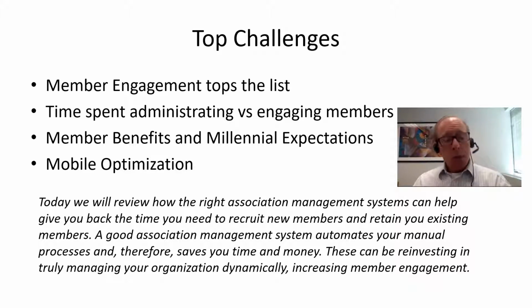The second big challenge that people face is on the administrative side. So how much time, and you need to ask yourself this, are you spending administrating your members? Many association management systems provide you the tools that you need to communicate with your members, to bring together social media with your website, to allow your members to engage with each other.